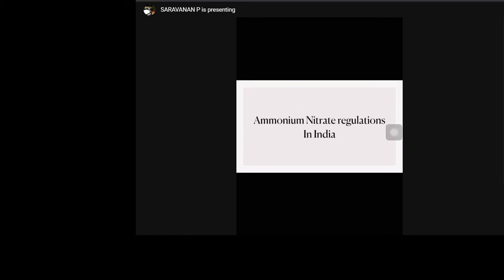And next we move to the ammonium nitrate regulations in India. This is a very sensitive topic, and I don't want to enter into any controversies. So, ammonium nitrate regulations in India, right? There are two regulations out there: one is the Explosives Act 1894, and another one is the Ammonium Nitrate Rules 2002.